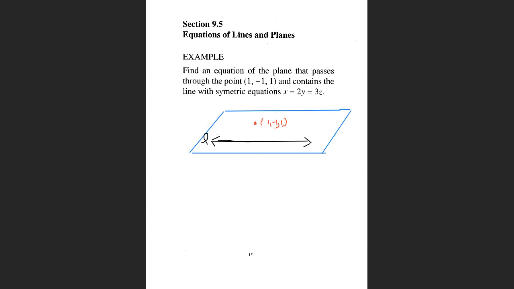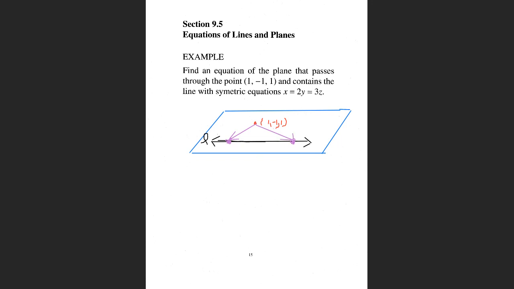We actually saw this in an example we just did. What we're going to do is find 2 points on this line, and then once we find the points, we're going to find these 2 vectors.